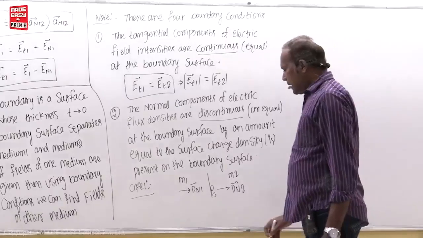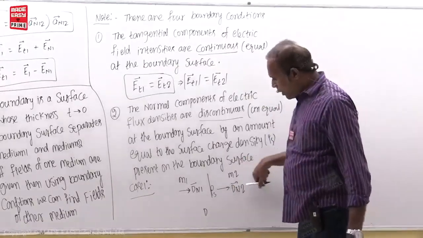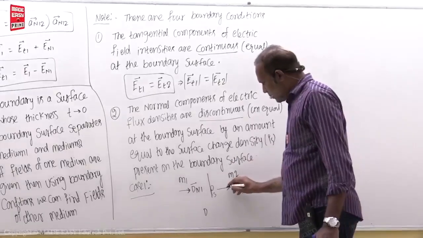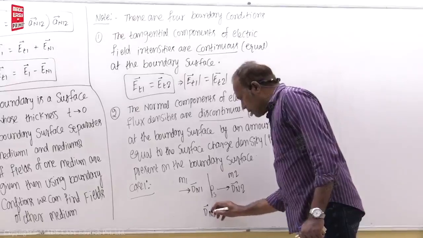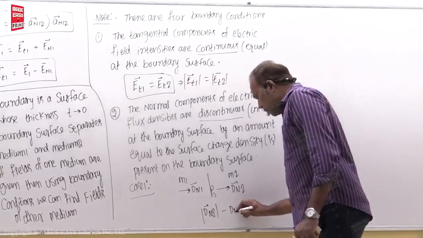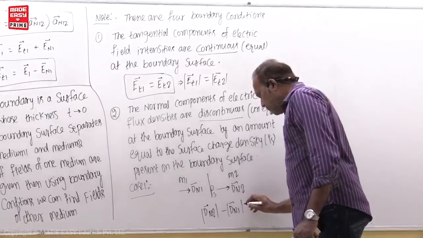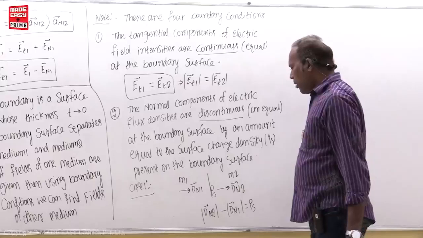Then in this case, equation is outgoing from the boundary, outgoing is this one, outgoing from the boundary minus incoming towards the boundary is equal to how much surface charge density present on the boundary surface.